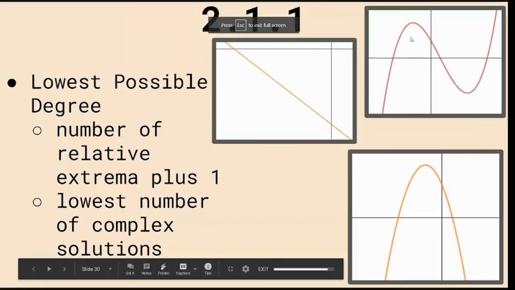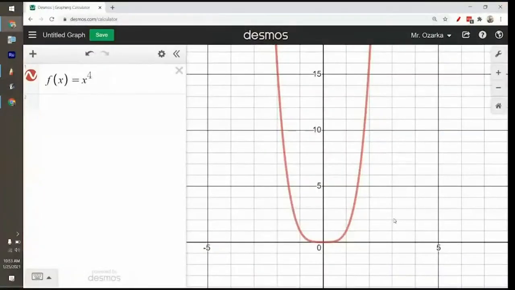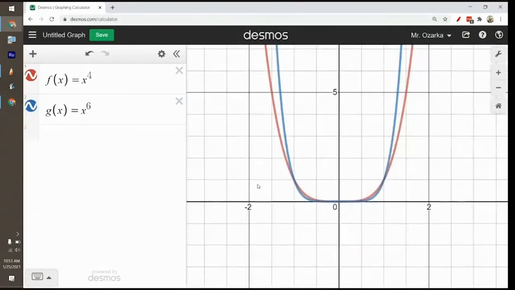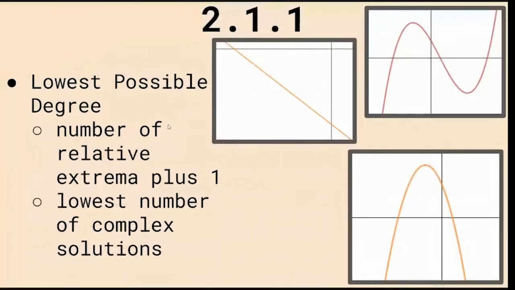If I just showed you a graph that looked like this, how would you know that's x to the 4th? You could think maybe it's x to the 6th. If you were trying to pick these out in a lineup, how would you be able to tell one from the other, really? They're too similar. So the lowest possible would be 2 on this one. It could be 4, it could be 6, it could be a million. If you remember from before, it still follows the same shape. But you don't know. That's why it says lowest possible degree.